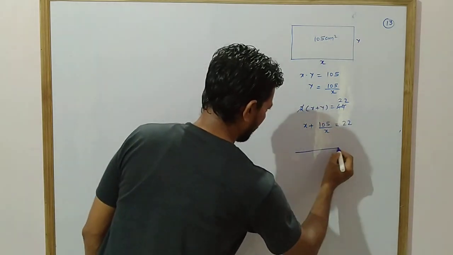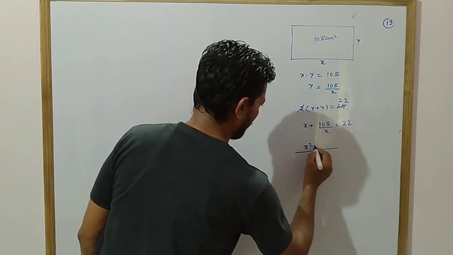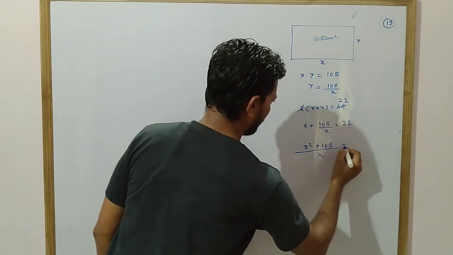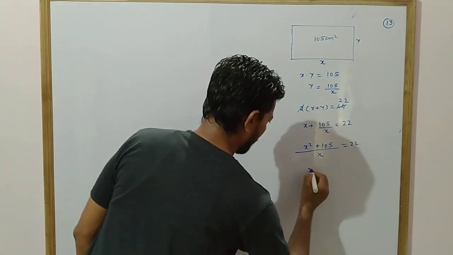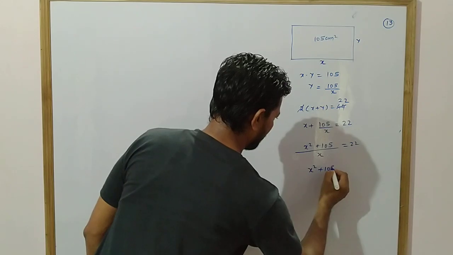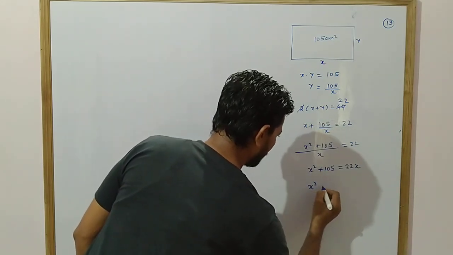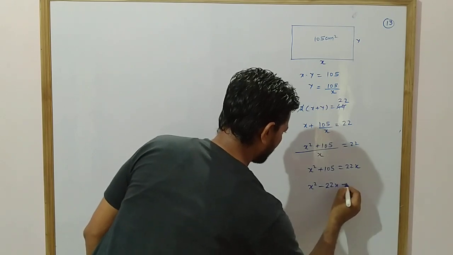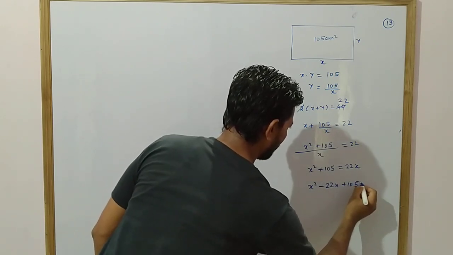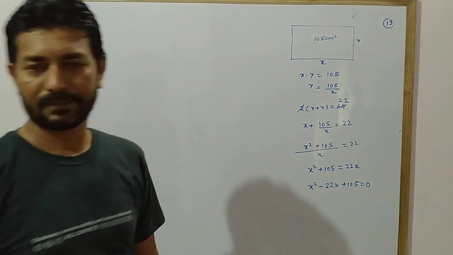So x² plus 105 equals 22x. x² minus 22x plus 105 equals 0.